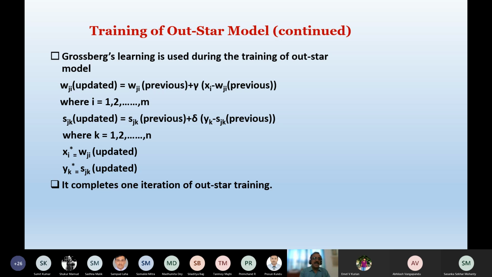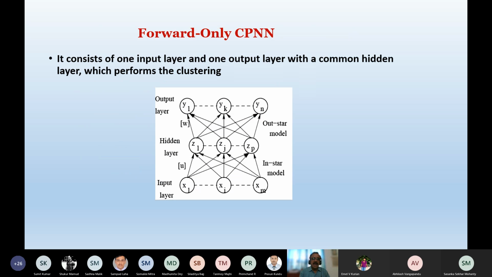By combining both the supervised and unsupervised learning, we get the solution for indicating the input-output relationship for any such engineering process. This is the principle of your full counter propagation neural network. We will solve one numerical example soon.